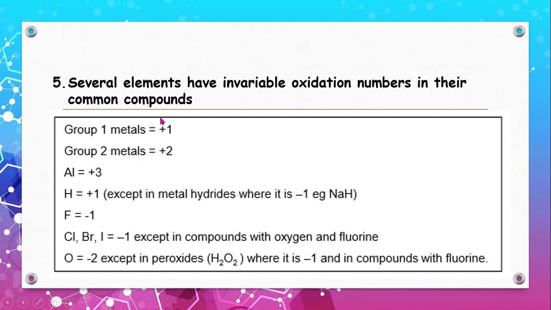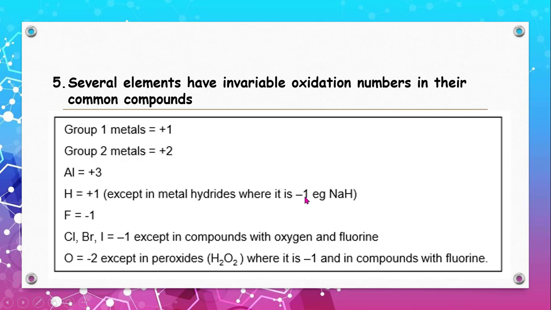The next rule is several elements have invariable oxidation numbers in their common compounds. So we did this already. Group 1 metals will have an oxidation number of +1, Group 2 metals +2, Group 3 will be +3. Hydrogen is usually +1, except in metal hydrides, that's where it's combined with a metal.